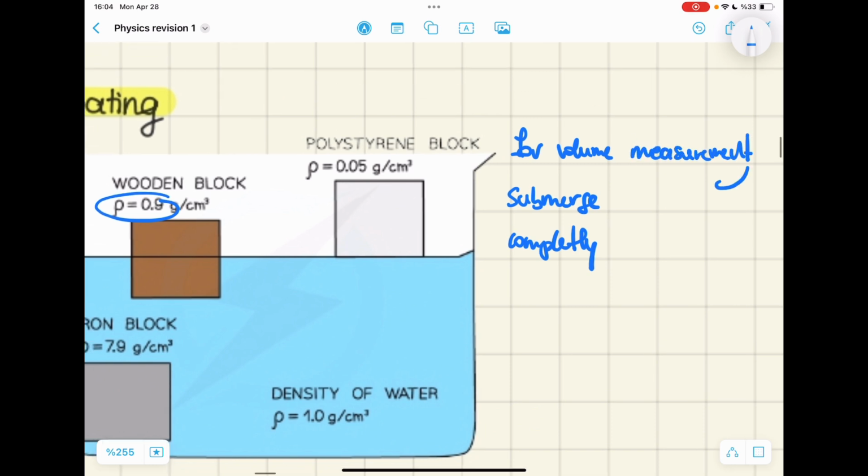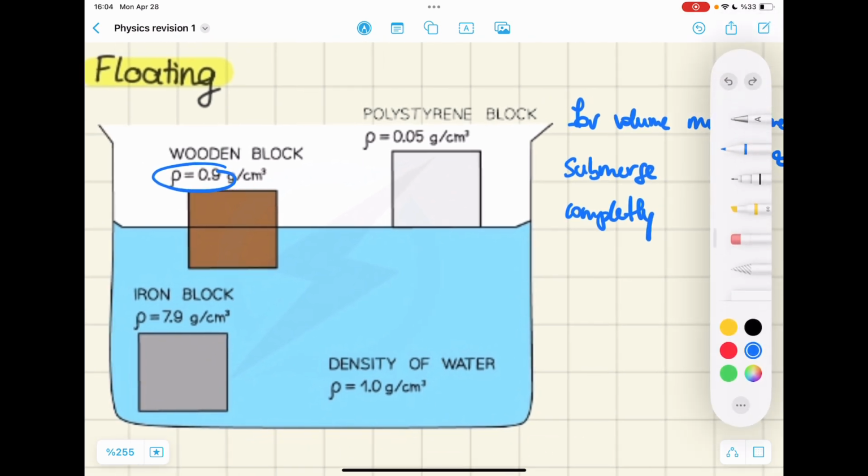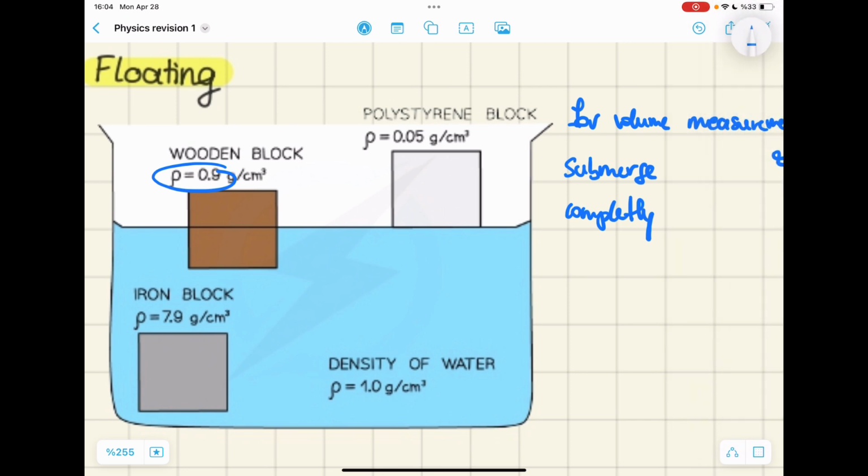Okay. So if this was an irregular object, I would not be able to measure the density of it, even if I had the mass, if I couldn't completely submerge it. That's why I need to see the displacement of water. This is not sufficient. It needs to be completely inside.